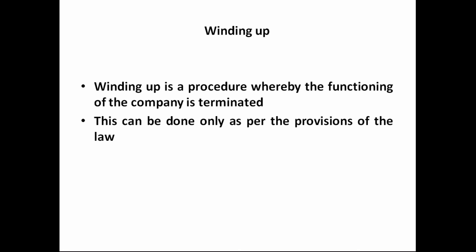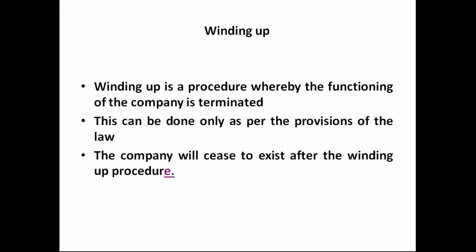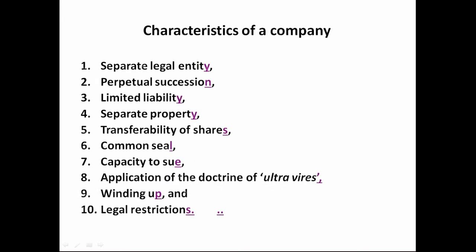Winding up again is a lengthy procedure which we'll be seeing in the coming sessions. But here we should understand that it can be brought about only by the due provisions of the law. And the moment it is wound up, the company will cease to exist. So once wound up, the company dies.